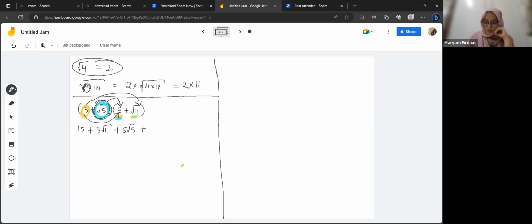Then we have plus root 5 multiplied with root 11, which is root 5 into 11, which is root 55. Okay, I'm going to write this again. That's it. You won't be able to simplify it further from here.